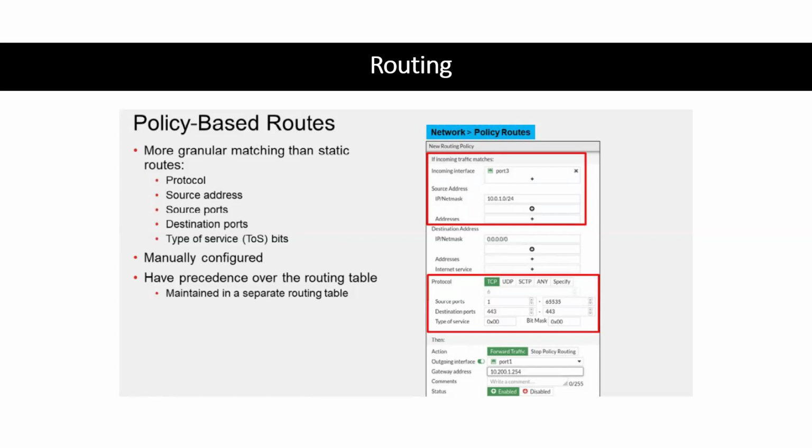So it's an if-then statement. Remember, we went over that when we configured policies. You can read it from the top: if incoming traffic matches X, Y, and Z, then under the second box you see the action, either forward that traffic or stop policy routing.